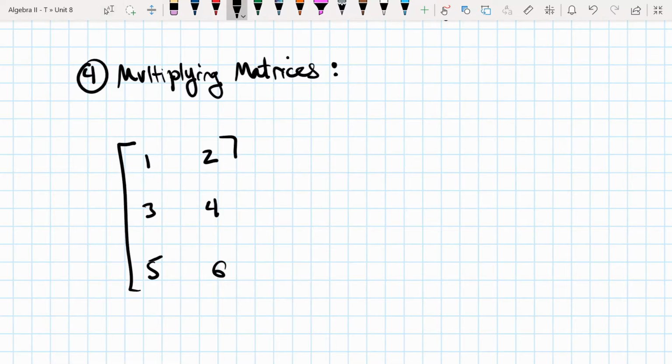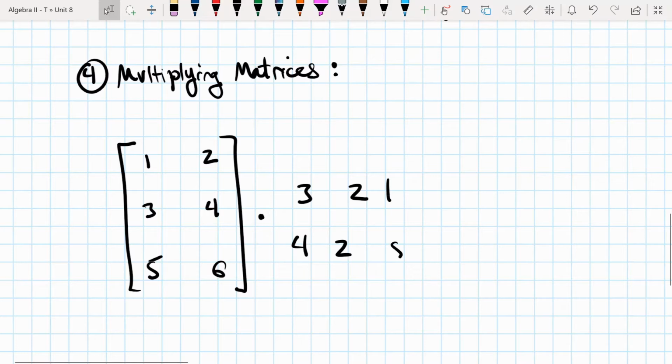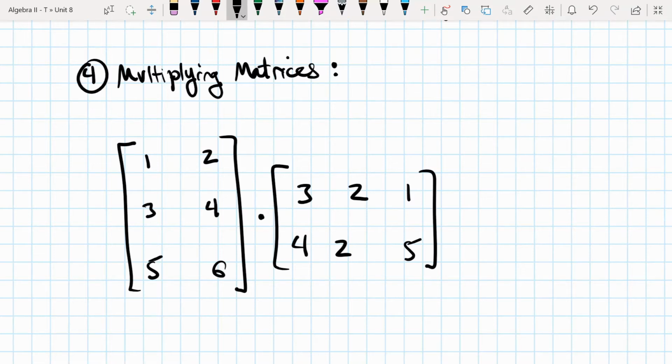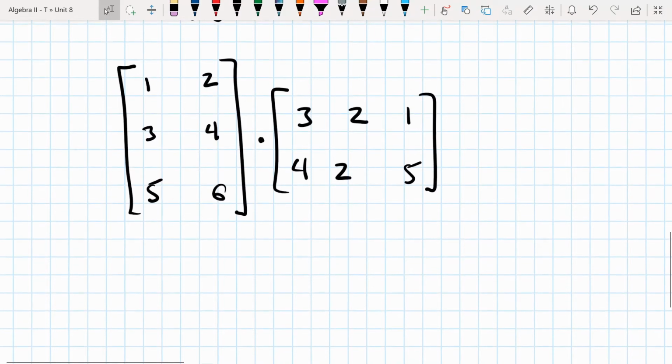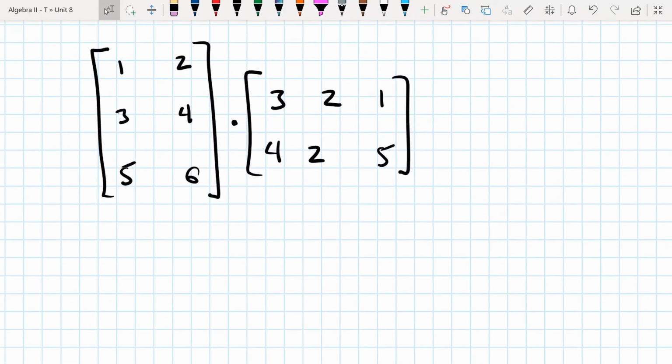And we're going to multiply this matrix by the matrix 3, 2, 1, 4, 2, 5. So there's two things that make this tricky. Before we go through those two things, let's just write the dimensions of each of these matrices. So the first one has 3 rows and 2 columns, so it's 3 by 2. And the second one has 2 rows and 3 columns, so this is 2 by 3.